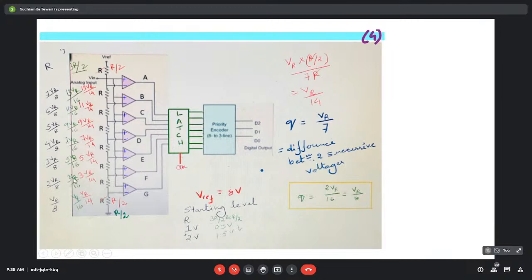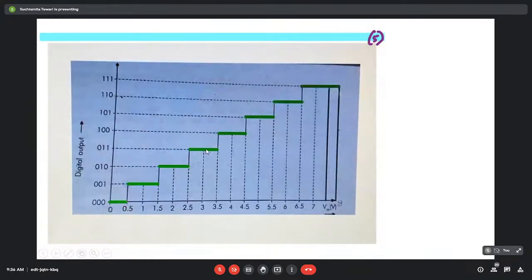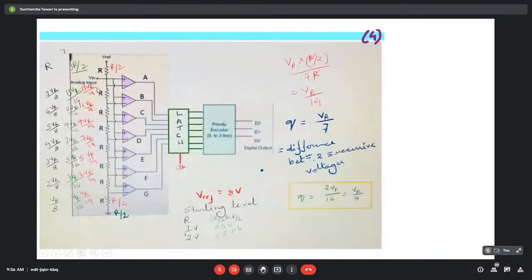But here the successive level difference, we will be getting a fraction value. So in this way, depending on our need or depending on the desire of the designer, these levels can be set and the step heights can be increased or decreased, or if we want to shift it a bit in this direction, that can be done using various combinations of resistance.